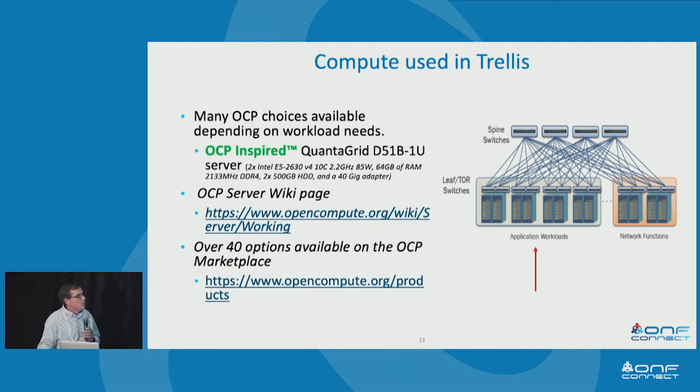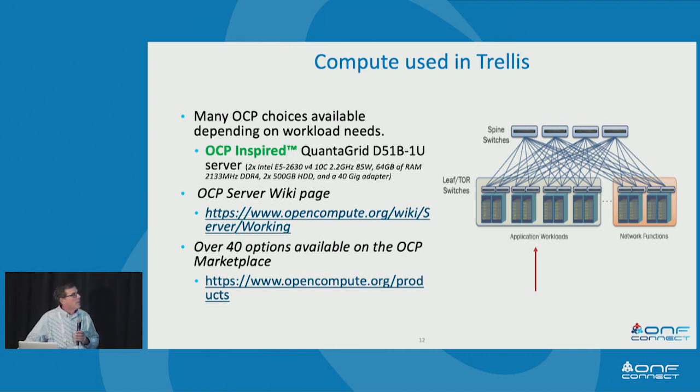And again, compute nodes. For the compute nodes that are used in the Trellis environment, there's an OCP-inspired design that's, again, on the suggested BOM for the Trellis environment, and this is a Quanta compute node, and the characteristics are listed here.